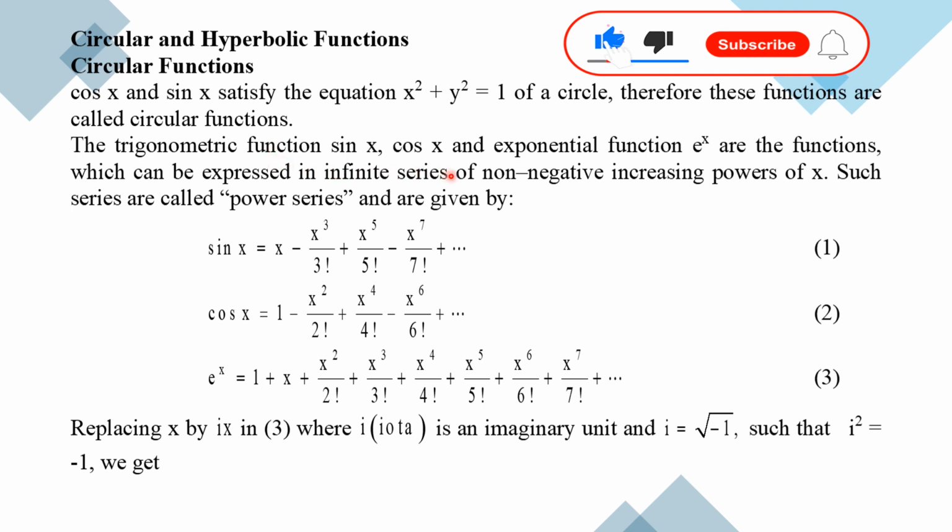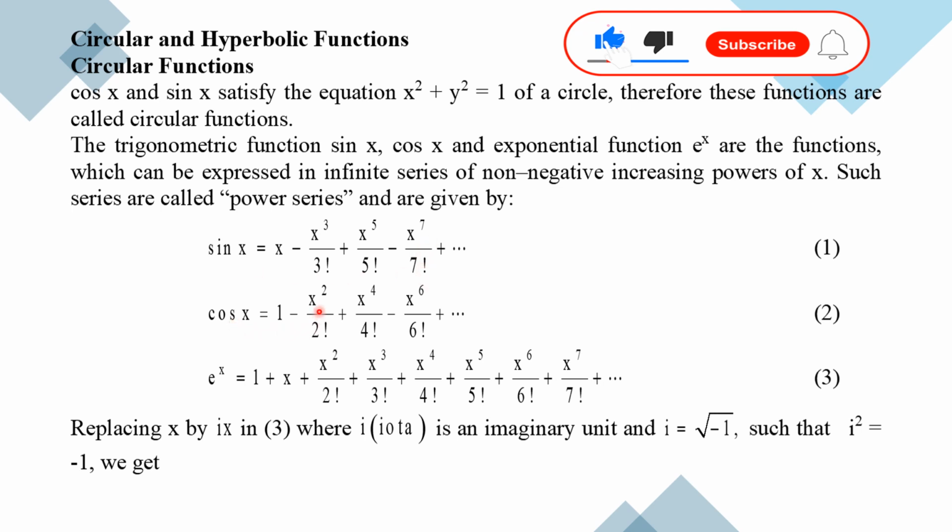Trigonometric functions sin x, cos x and the exponential function e power x are functions which can be expressed as an infinite series of non-negative increasing powers of x. Such series are called power series. Sin x is x minus x cubed over 3 factorial plus x to the 5 over 5 factorial minus x to the 7 over 7 factorial.